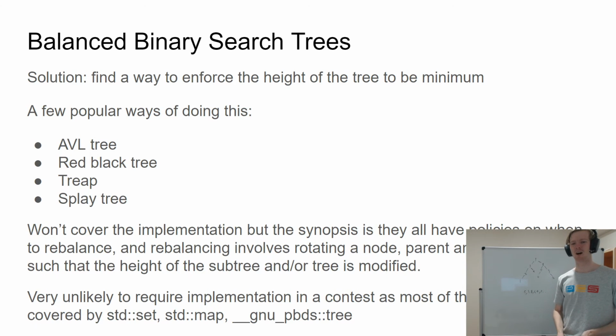In order to keep the height at a minimum, we don't want to have very long lines of nodes. All of these popular ways of doing this, except for a splay tree, aim to minimize height in some way. The splay tree is a little bit different, because the way it actually works is by rebalancing based on the most recent queries.